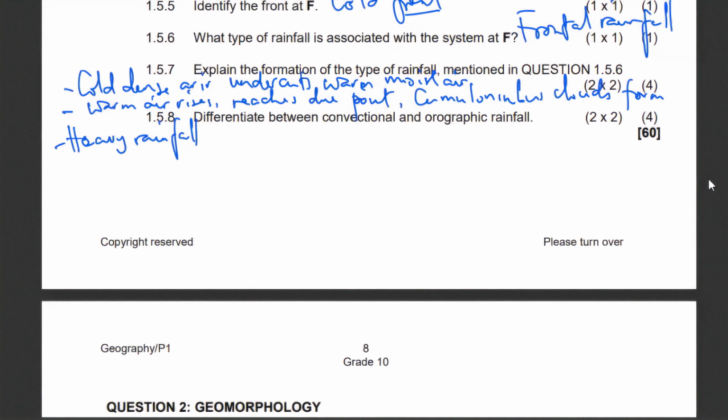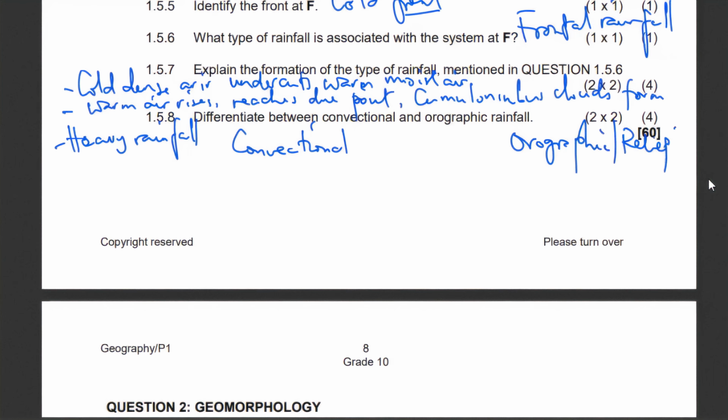Right. Then it says differentiate between convectional and orographic rainfall. What is the distinction between these types of rainfall, convectional, and then we have orographic. Orographic is also called relief.